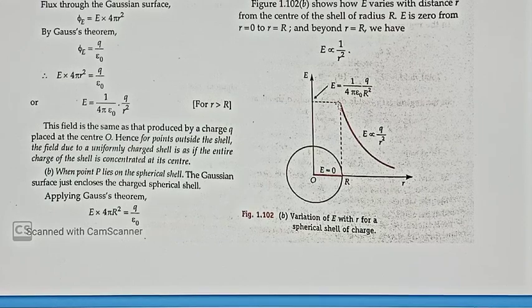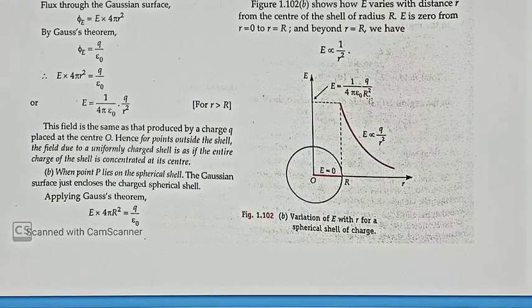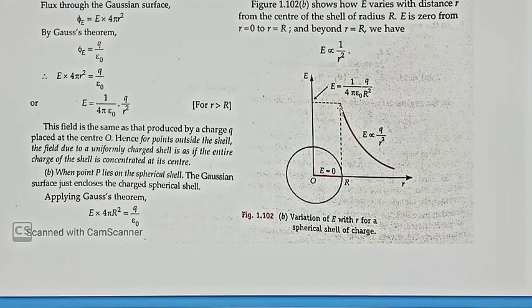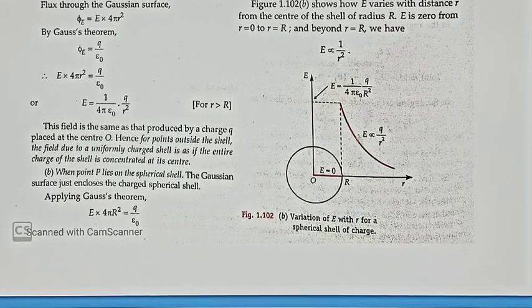You can see the value at the surface is E is equal to 1 by 4 pi epsilon naught Q by capital R square, because capital R is the radius of the spherical cell. And then if you go away from the spherical cell, electric field decreases. You see, electric field decreases as E is proportional to 1 by R square. Okay, so this graph is also important.